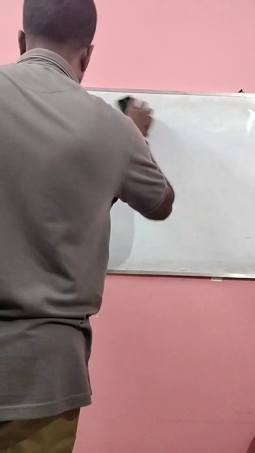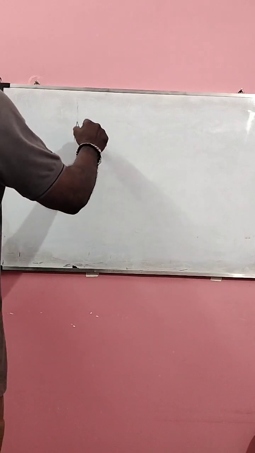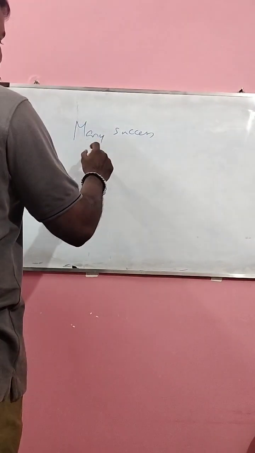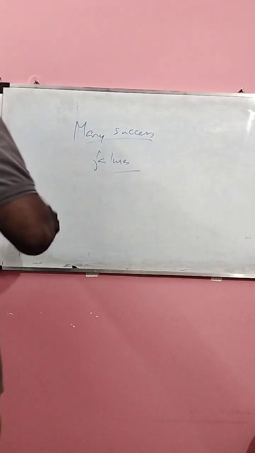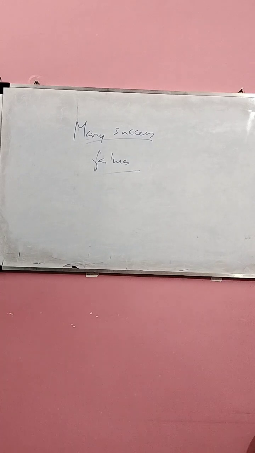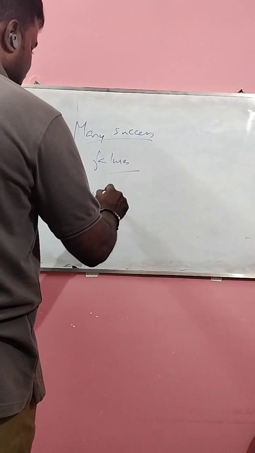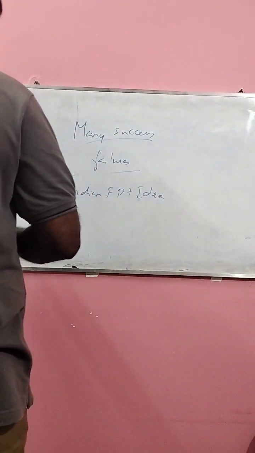India's foreign policy is a time-tested, matured policy. It has seen many successes. At the same time, it has seen some failures as well. This is the reality. This is how we see India's foreign policy. India's foreign policy is a mix of idealism and realism.